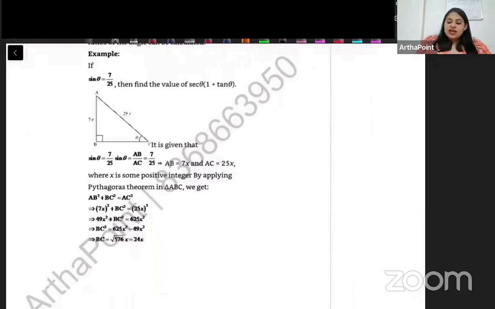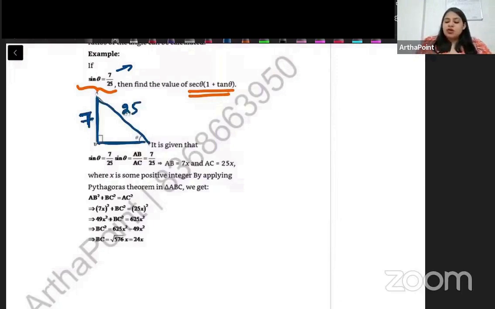So it says sine theta is 7 by 25. Find sec theta into 1 plus tan theta. So beta, we know that sine theta is 7 by 25. So if I take this to be 7, this will be 25. So beta, what will be this?